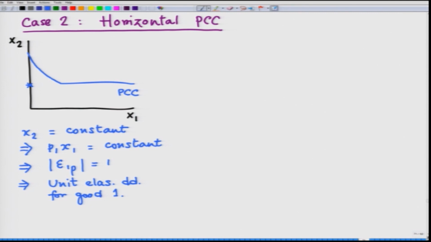Now, we are going to study case number 3, and that is the case of U shaped PCC.